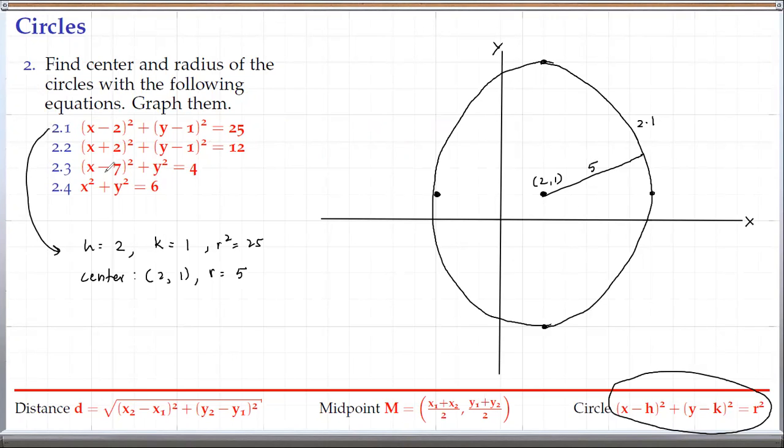Now let's look at the second one. For the second one also, the center is 2, 1. And the radius is square root of 12, because r squared is 12. That means r is square root of 12.